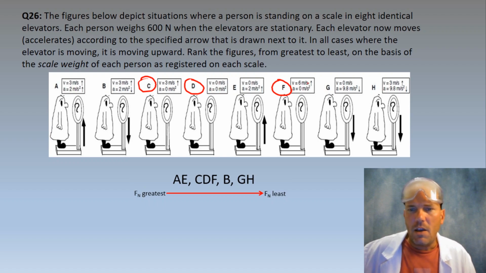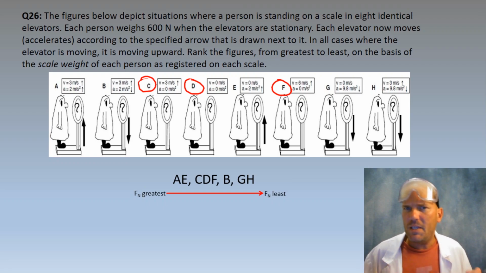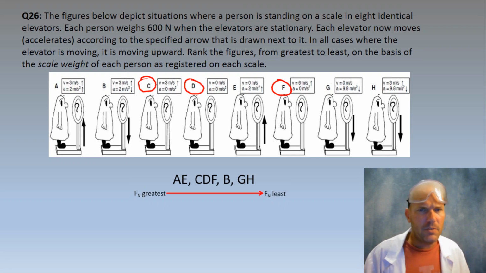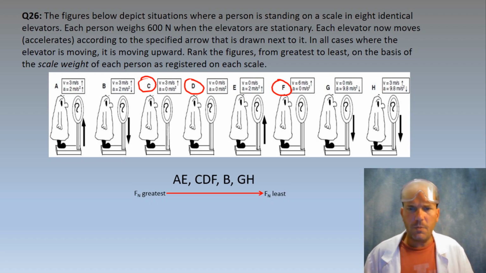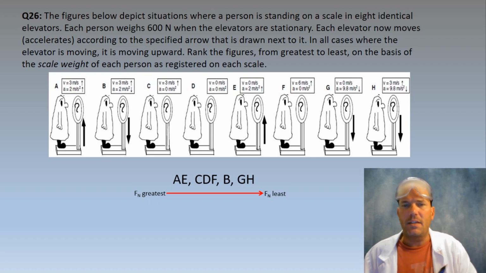Sure, we have these velocities, 0 and 6 and 3, but who cares? If there's no acceleration, there's no net external force, so the scale readings are going to be equal to mass times gravity. Those will be the same.